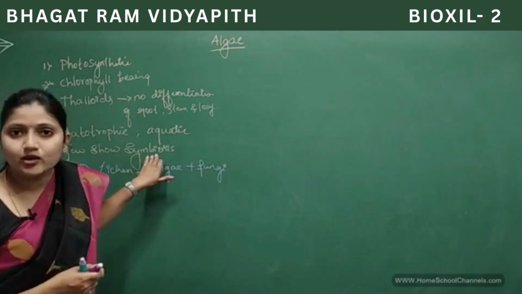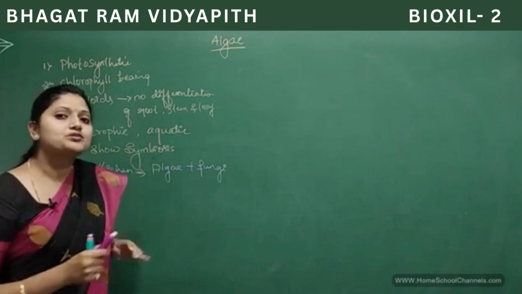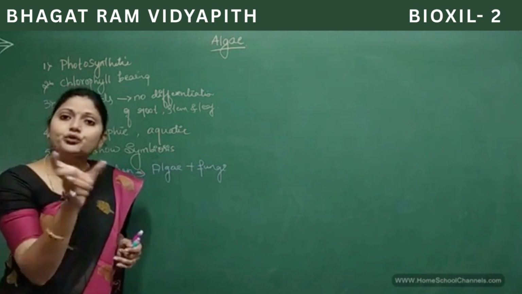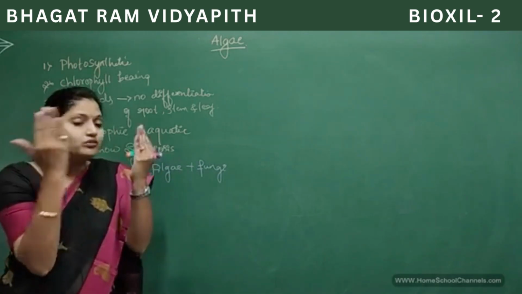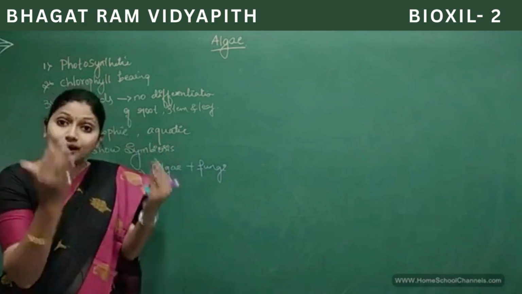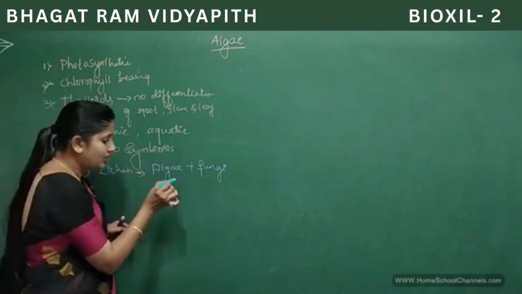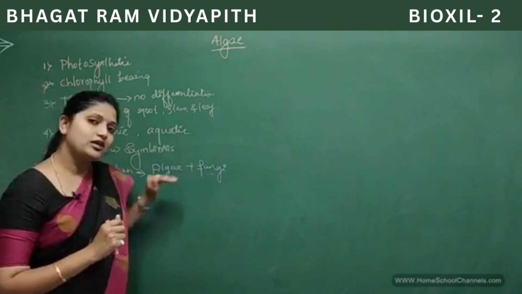So what is symbiosis? We have seen that also in the previous class. Symbiotic association is a mutual relationship wherein two different organisms stay together and both will not harm each other but both will get benefited from each other. So here algae and fungi are two different organisms. Both are staying together.